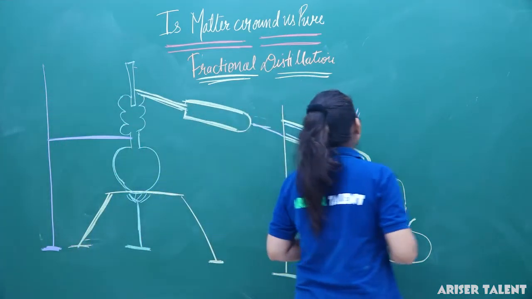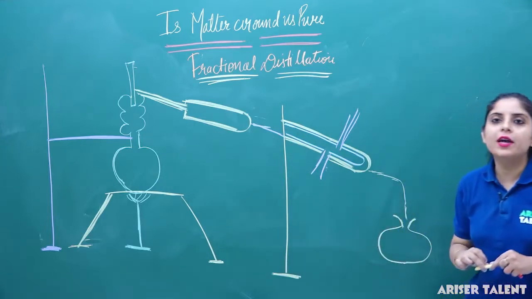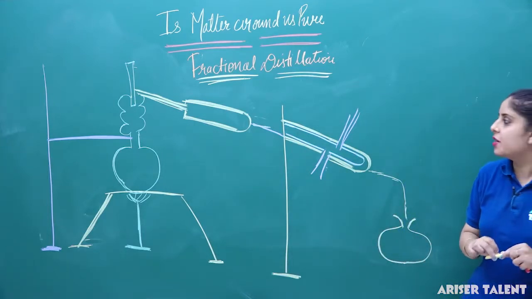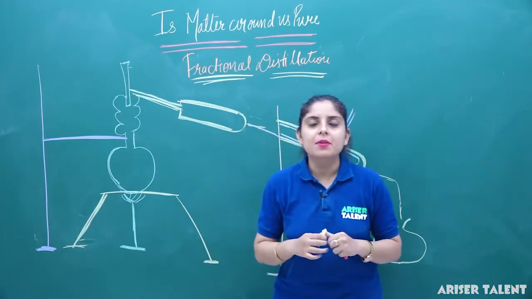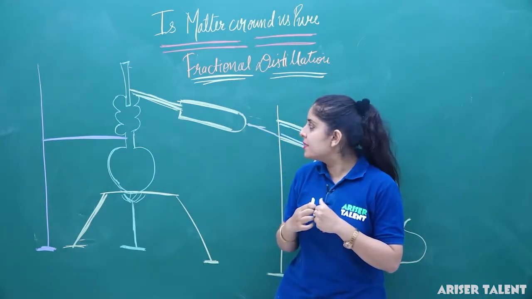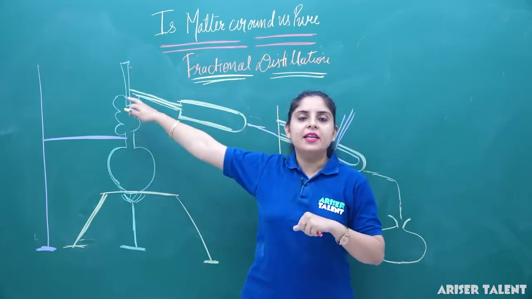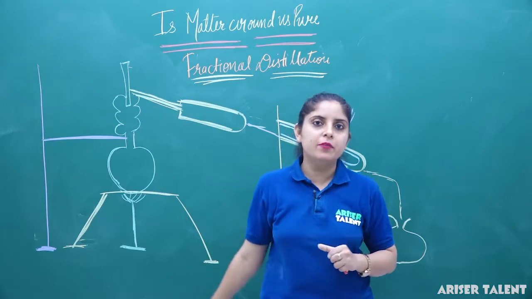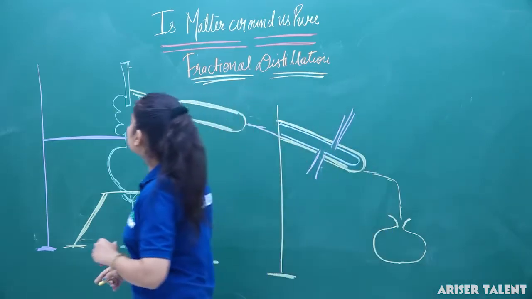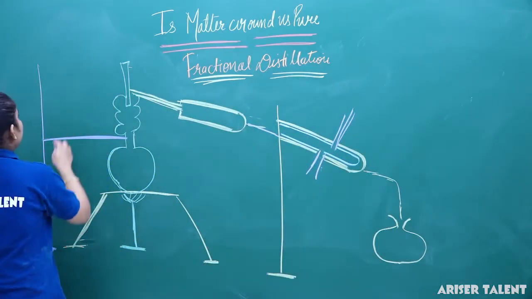So this is a complete setup which is showing how we are going to perform the fractional distillation. For the fractional distillation, again we are doing the same setup, but the difference here is that we are taking the fractionating column. So we will get the vapors of different substances at different boiling points. For this purpose, we have taken a clamp stand here.